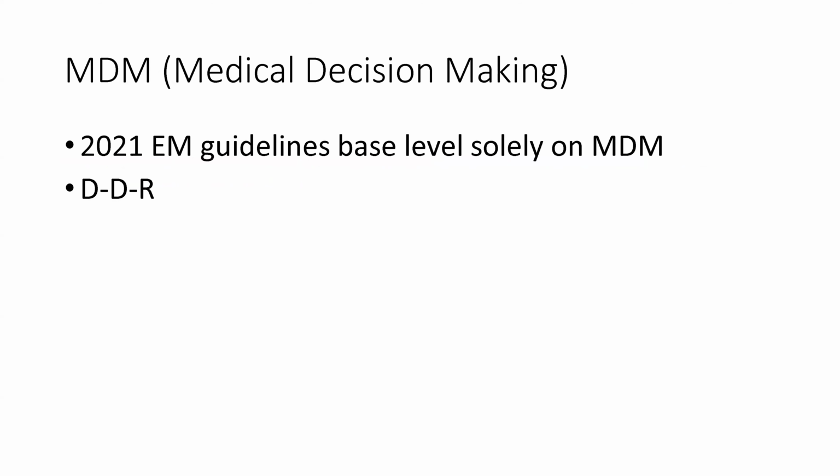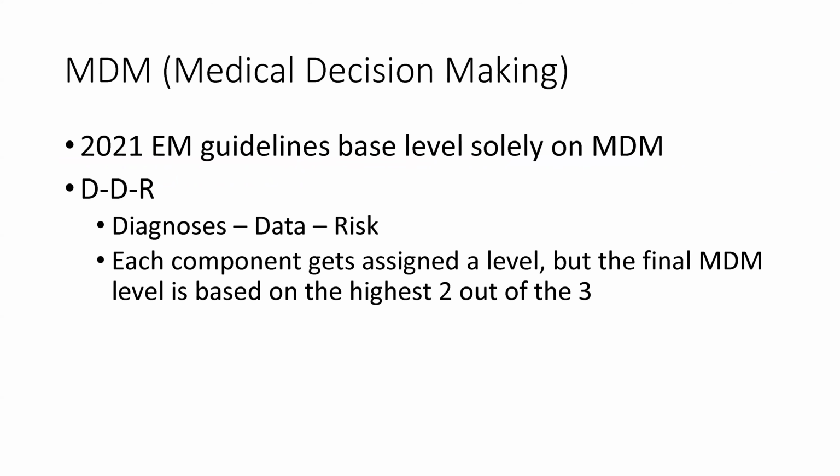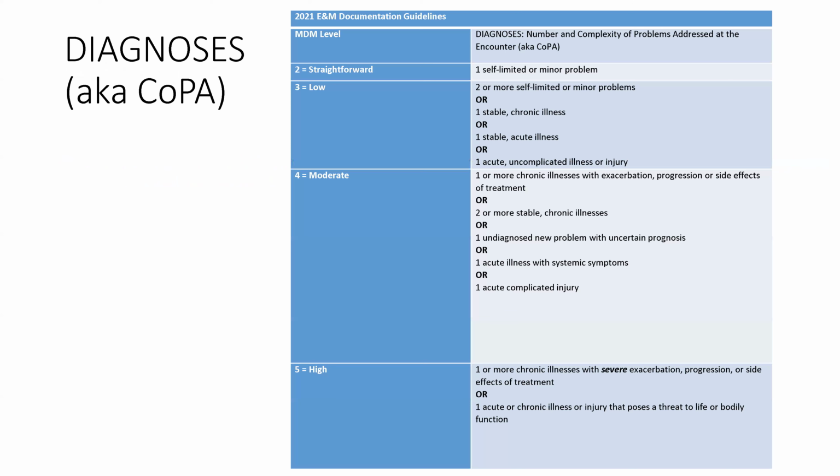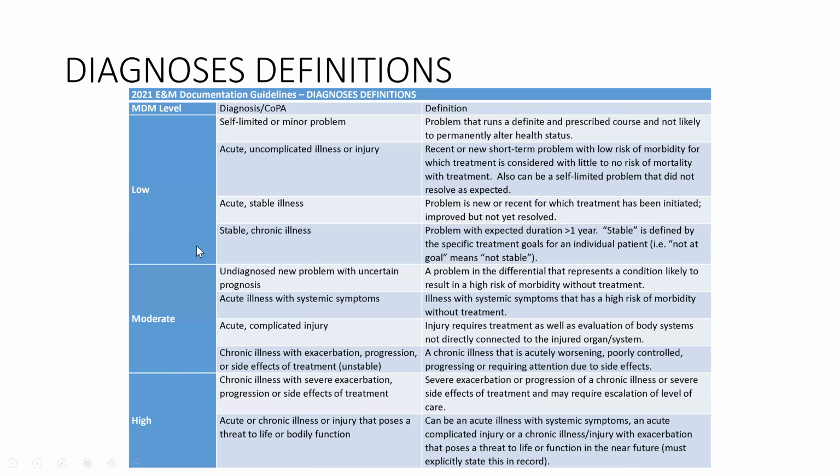So now jumping into the medical decision making, which is all based on 2021 guidelines with diagnosis, data, and risk. And so a quick overview of diagnoses. And then, of course, our definitions. We got this just mostly for reference to go back to if we have questions about it.